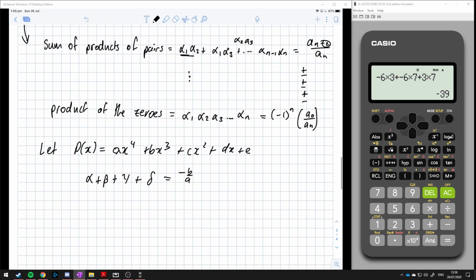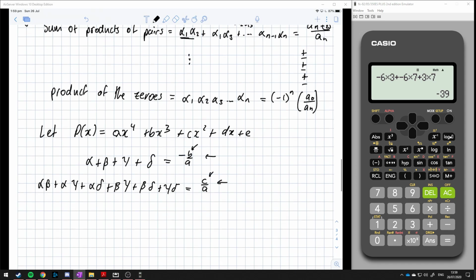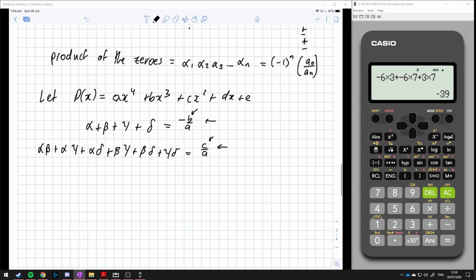Then you've got the sum of products of pairs: alpha beta plus alpha gamma plus alpha delta plus beta gamma plus beta delta plus gamma delta. And that's equal to c over a. So see how it swaps from being a negative to a positive, and it uses the next coefficient.